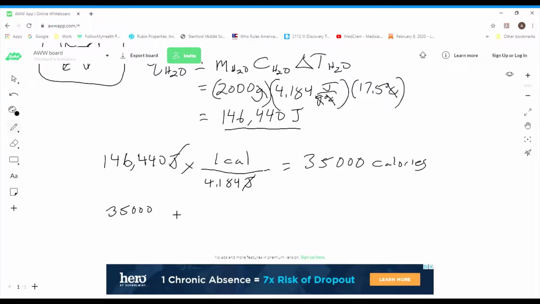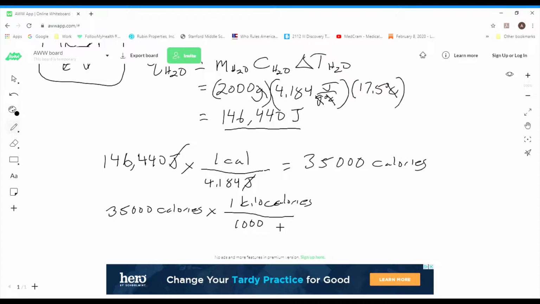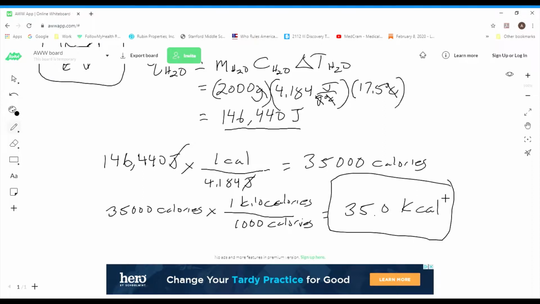Remember that a kilo is 1,000, and so 1 kilocalorie is equal to 1,000 calories. So I take 35,000 divided by 1,000, and that's just 35.0 kilocalories. We call it kcals or kilocalories. And there is your answer to that problem.